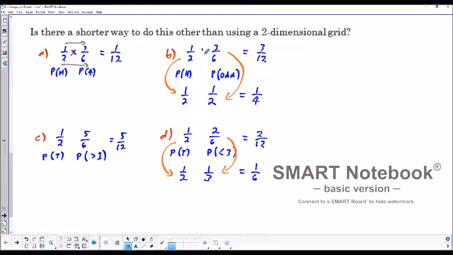And so if we multiply straight across, we get the values that we got above. So that is the key. If you have the probability of two events that do not affect each other, then you just multiply the probabilities together, and you'll get the resulting probability without the need of drawing a two-dimensional grid.